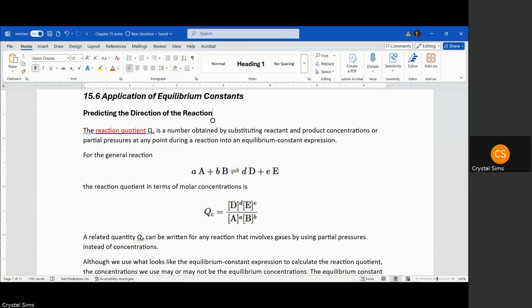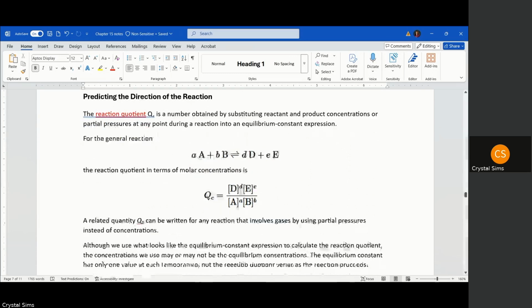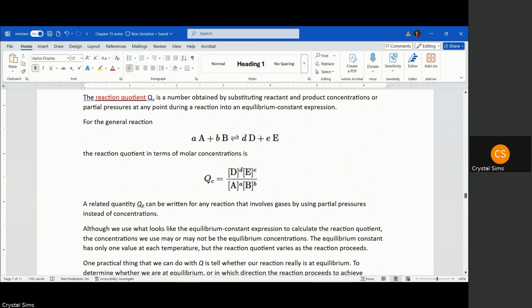Now, you look at that and you're like, that's the same as the equilibrium constant expression, right? And you're right. That expression looks exactly like Kc. But here is the key: the concentrations used in Q may or may not be the equilibrium concentrations.